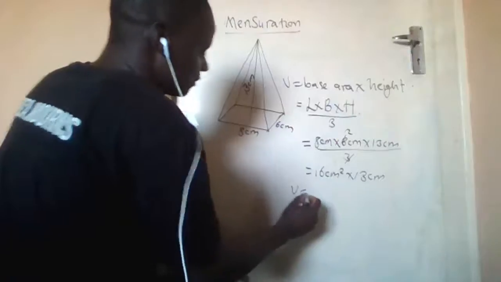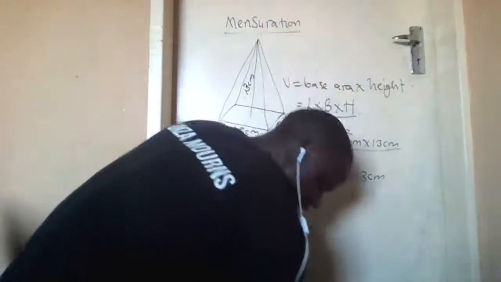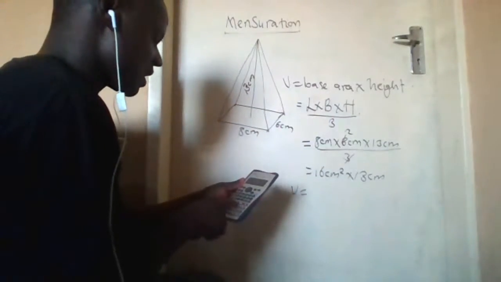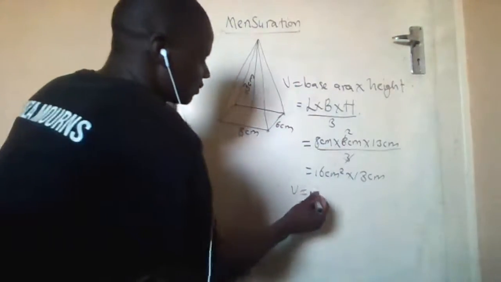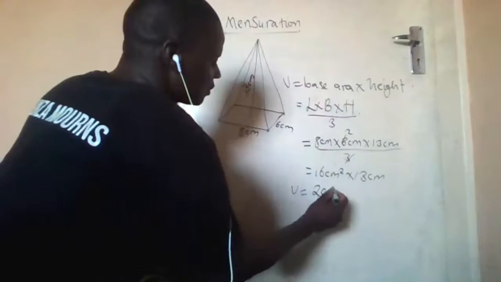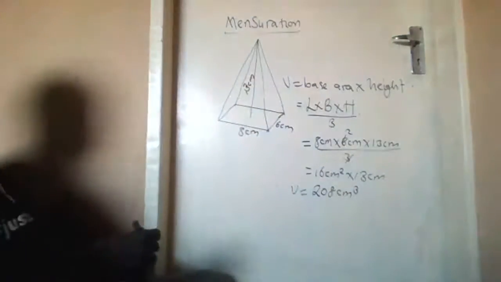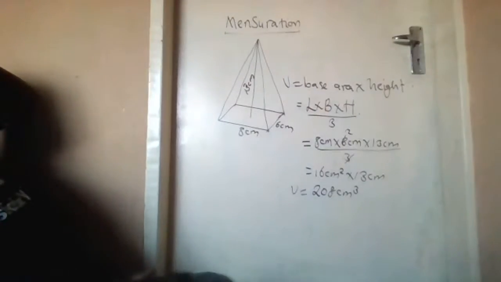So what will be the volume? I have my calculator here. 16 by 13 is 208. So the volume will be 208 centimeter cubed. That's how you can find the volume of a prism.